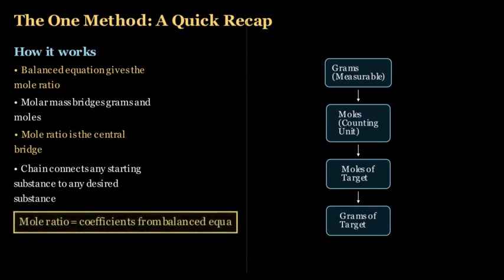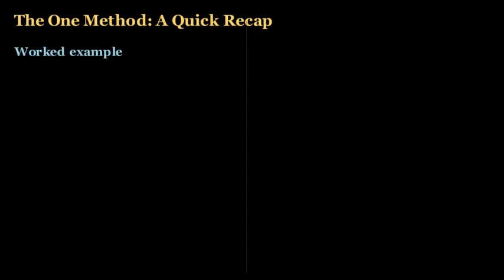Once you're in moles, the mole ratio is the central bridge that connects your starting substance to your desired substance. Finally, you cross back to grams using the target's molar mass. The beauty is that this identical path works whether you're going from reactant to product, product to reactant, or even between two different products.